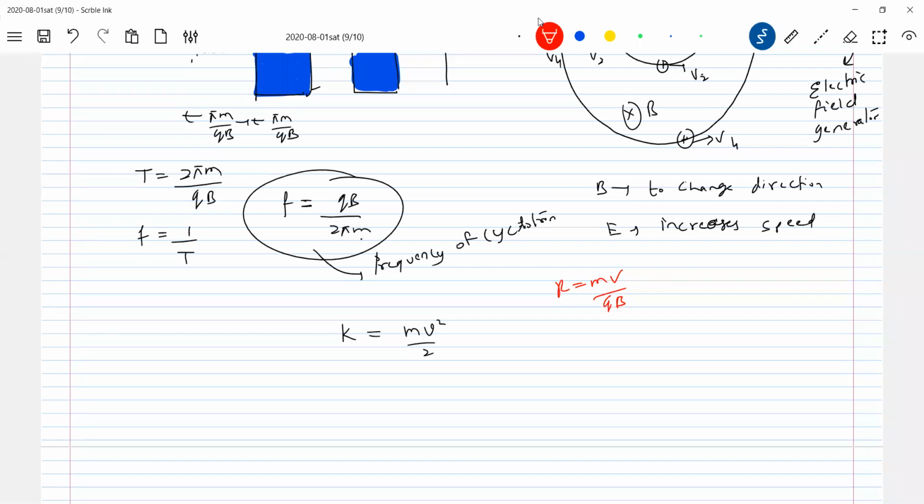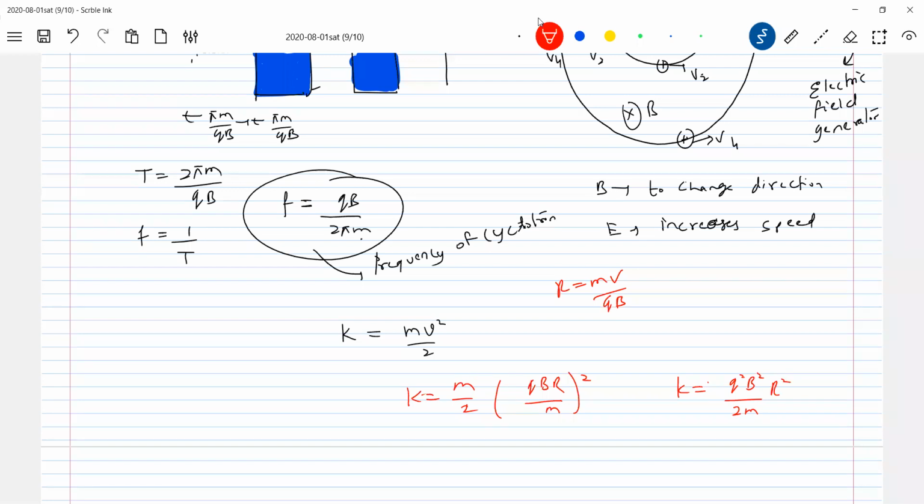So v you can write as qBr by m. K equals m by 2 times qBr by m whole square. Q, B, and m are constants. So K equals q square B square r square by 2m.